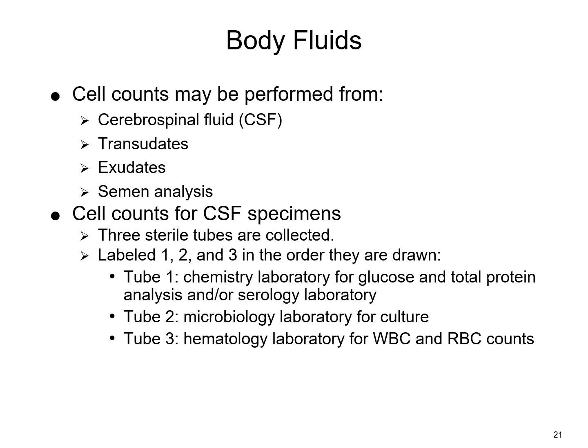And when we do these counts, when those fluids are collected, they're placed into sterile tubes, and then those tubes have a number on them, 1, 2, 3, and sometimes 4, just depending on the site and what type of kit that they use. But tube 1 is going to be your chemistry testing, so this is going to be for things like glucose, protein, any kind of serology testing that may need to be done on that tube.